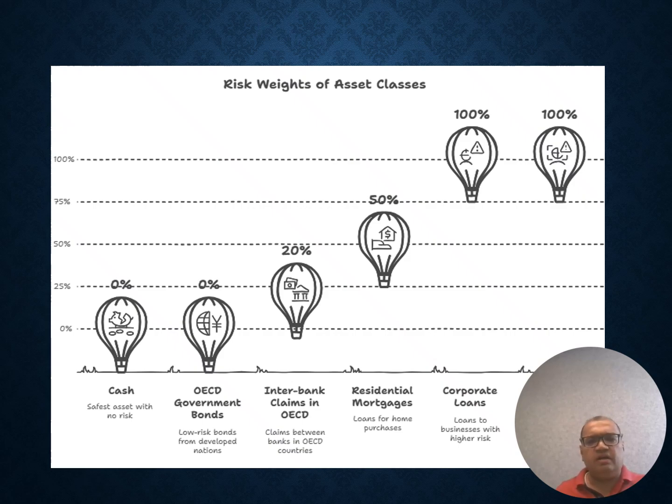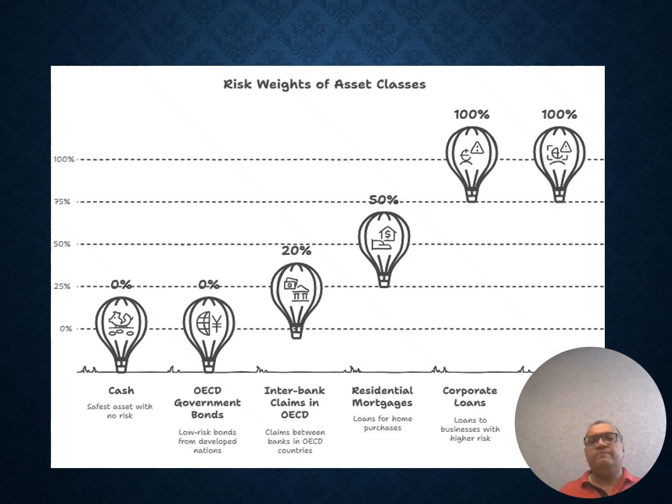Similarly, for interbank claims on an OECD bank, Organization for Economic Cooperation and Development, there are now 38 countries. Most of them are G7, G10, G20 countries: US, UK, Japan, Germany. If their banks were to lend to each other, it would be considered 20%.